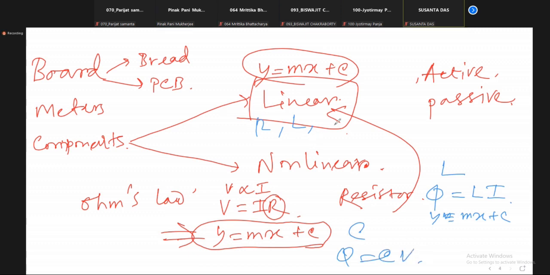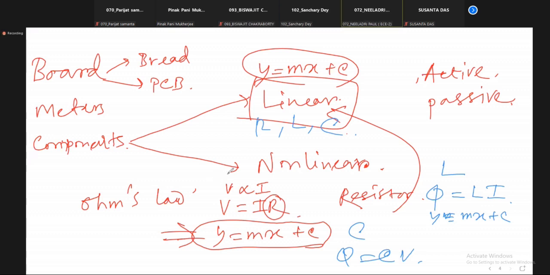So again, this is a linear circuit element. So any question up to this mark?